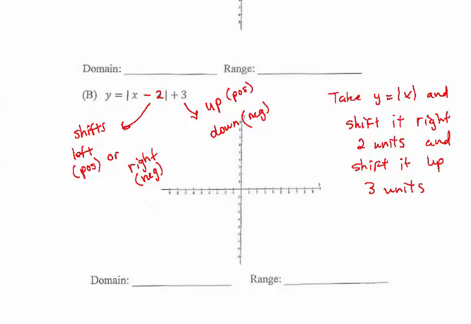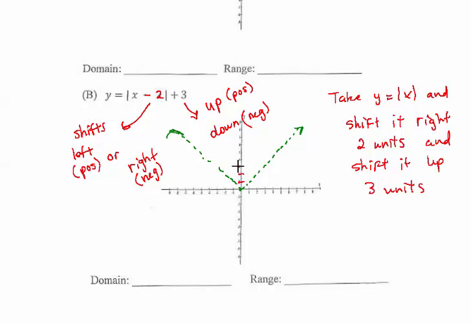Okay, so if I were to draw my parent function, absolute value, it would pretty much look like this. A V starting at the origin. But if this -2 and 3 is mixed in, I wouldn't start at the origin now.